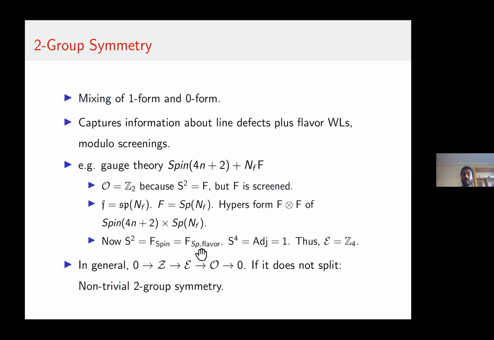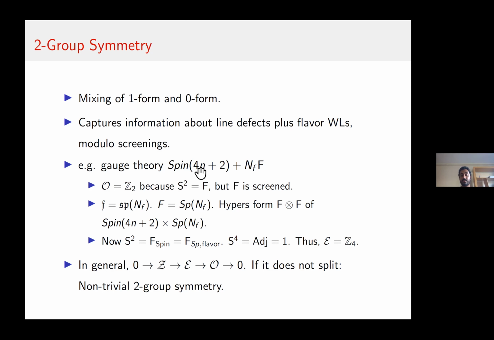So the square is not trivial if you keep account of flavor charges. Only the 4th power of it is trivial, because the 4th power is equivalent to the adjoint that is screened by gauge bosons, which do not carry flavor charges. So the full group of line defects plus flavor Wilson lines modulo screenings is actually a Z4, which we denote by E.